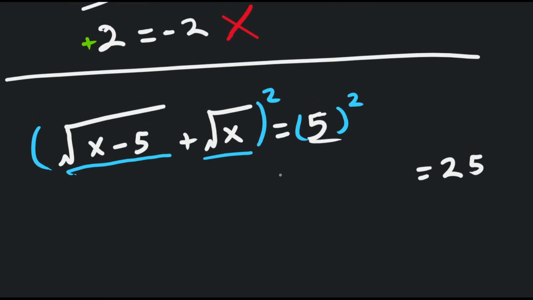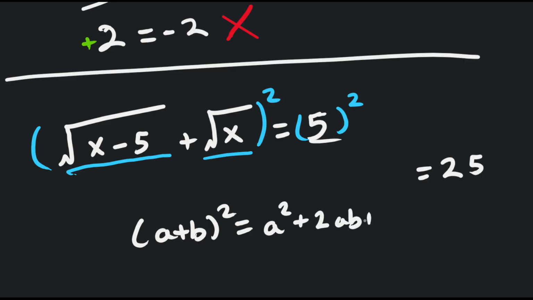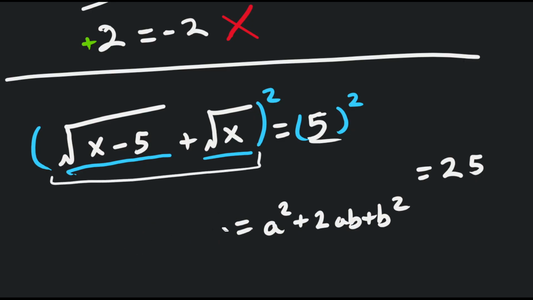Whenever we have any binomial a plus b squared, that always equals a squared plus 2ab plus b squared. So I'm going to use this rule to expand this binomial right here.